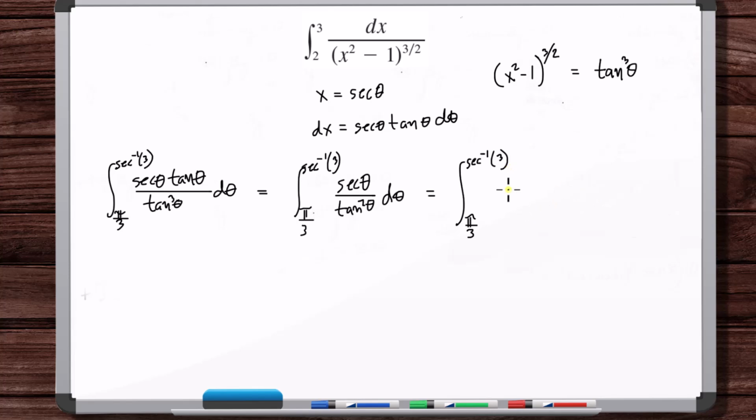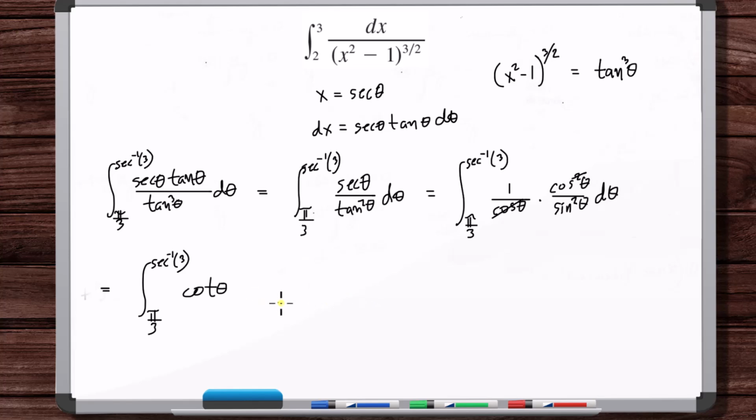Okay, so we've got 1 over cosine theta times cosine squared theta over sine squared theta. So we've got a cosine theta over sine theta, that's cotangent theta.